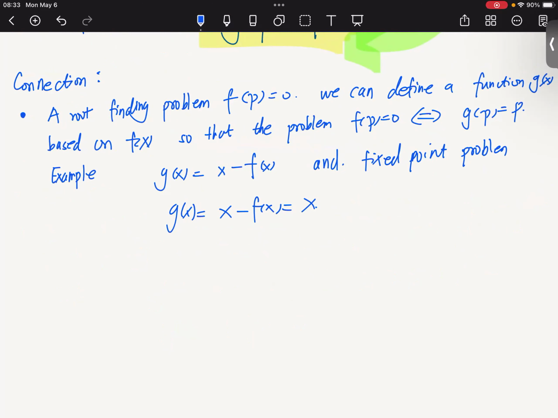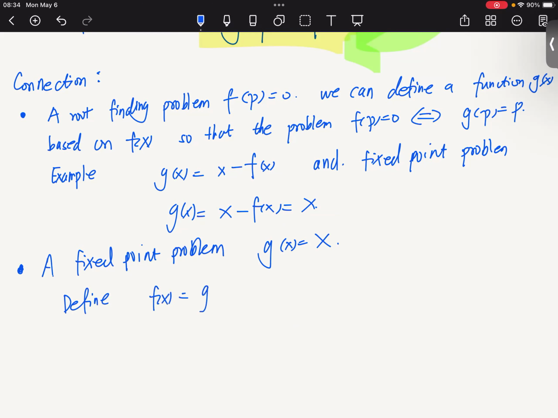And there's another connection between the root finding problem and the fixed point problem. If we have a fixed point problem, g(x) equals x, then we can define the function f(x) equals g(x) minus x.